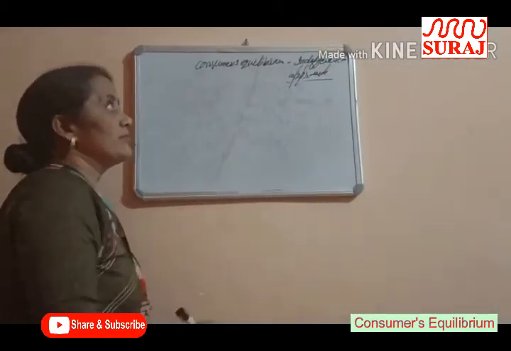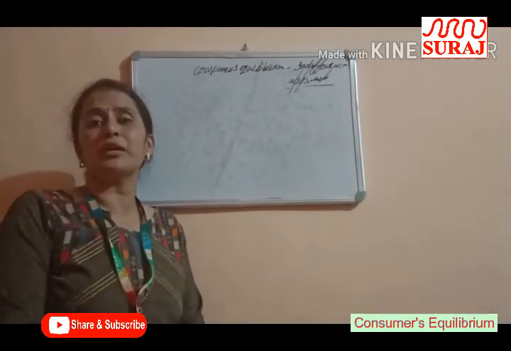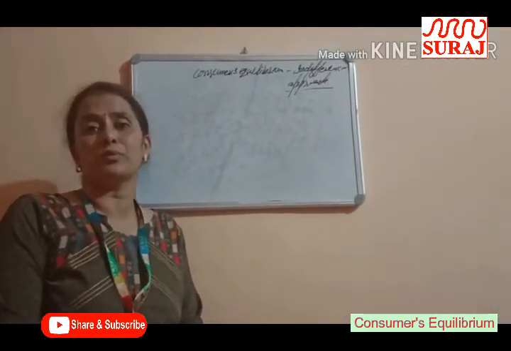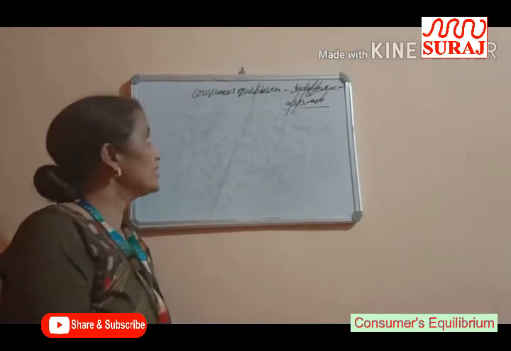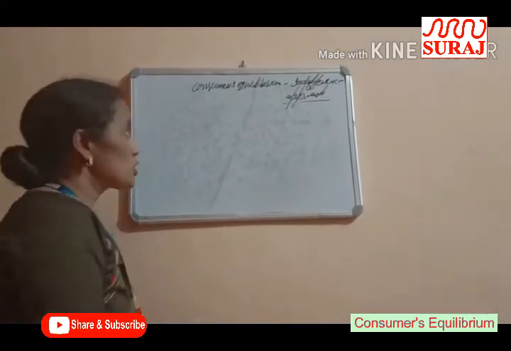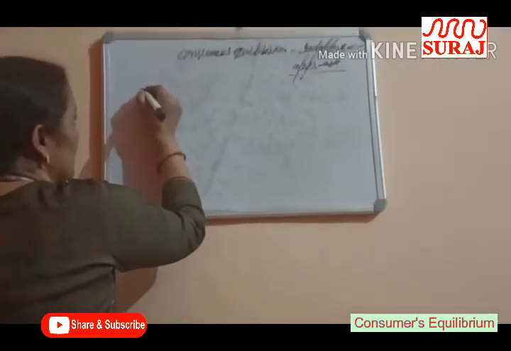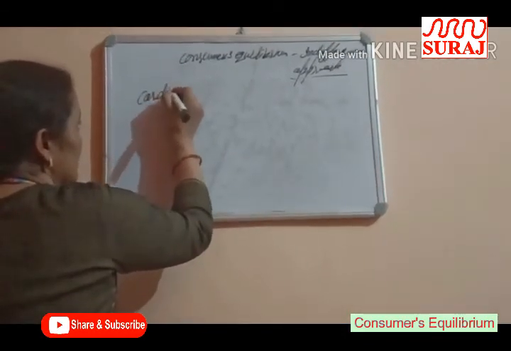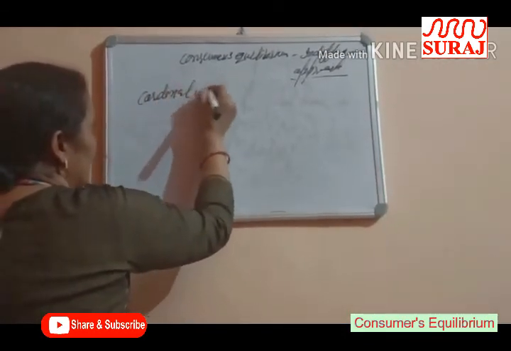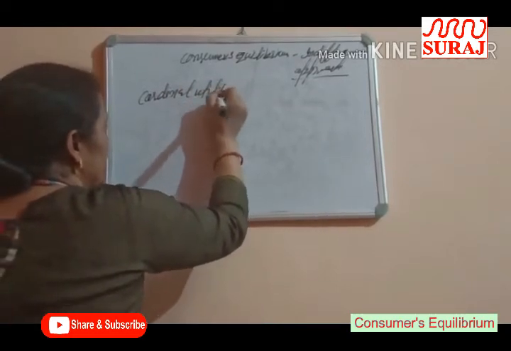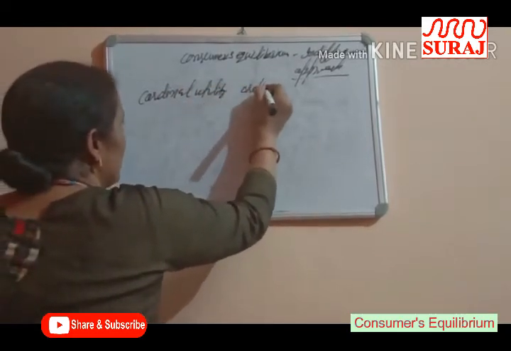First of all, what's the difference between the utility approach and the indifference approach? Both study the consumer's equilibrium, so the difference is between cardinal utility and ordinal utility.